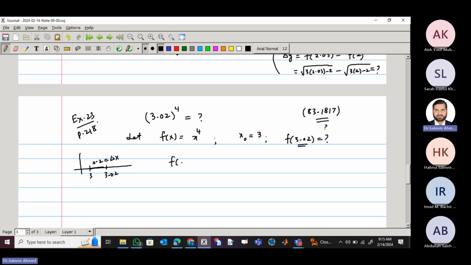First I find f of x naught, which is f of 3, that is 3 to the power 4, and that is 81. We all know that 3 to the power 4 is 81. Now I need the derivative at x naught. The derivative is 4x cubed. With x equal to 3, 3 cubed is 27, and 27 times 4 is 108.